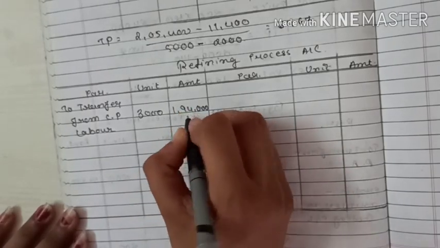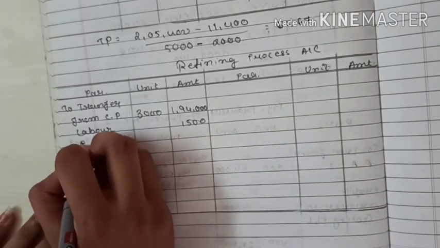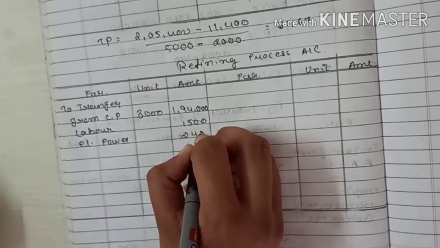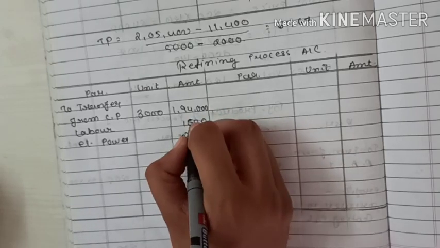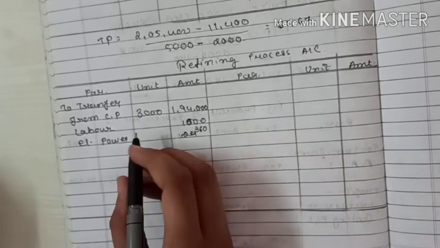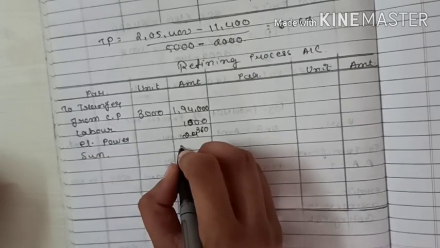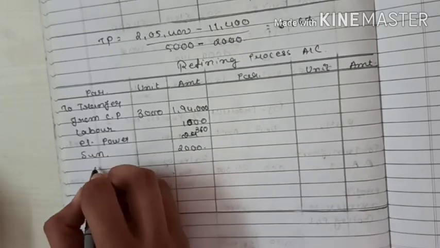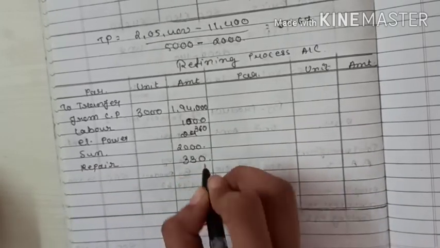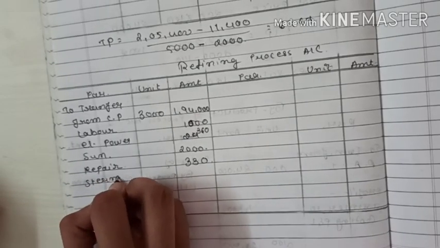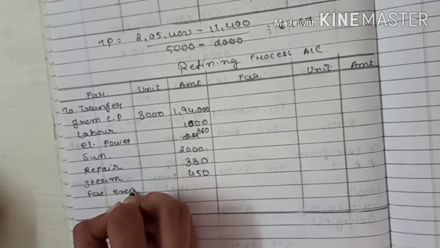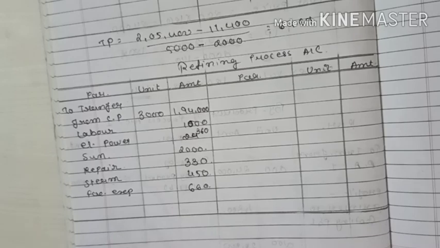Labor 1,000, electric power 360, sundry material 2,000, repair 330, steam 450, factory expense 660. Right?